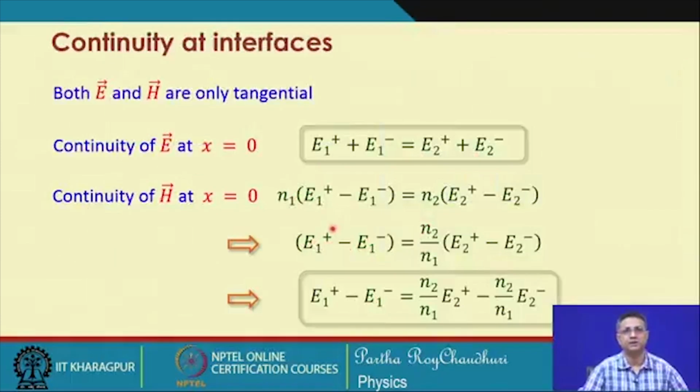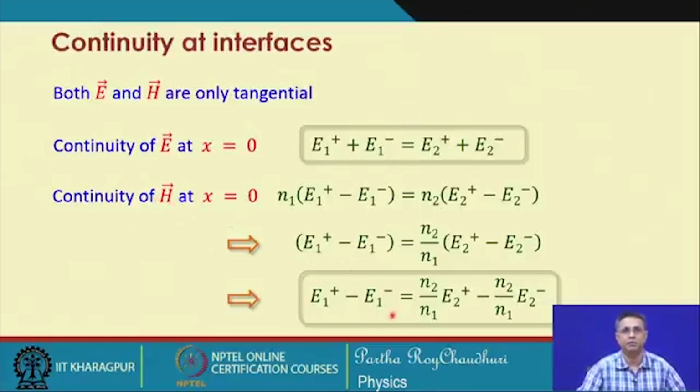So, that is what we have written here. And from here, if I take this n1 to this side, then I can write down this equation, which is the consequence of continuity of the magnetic field at x equal to 0.